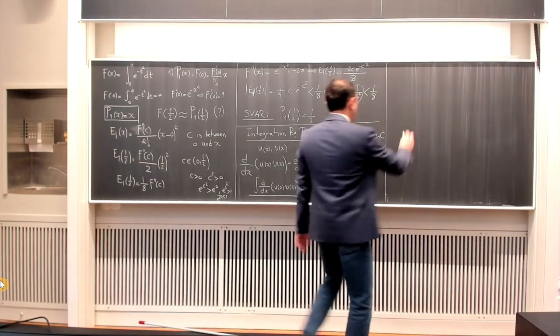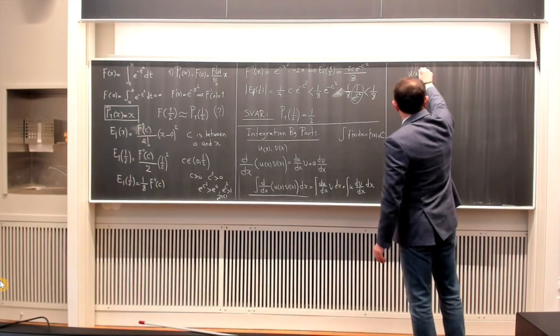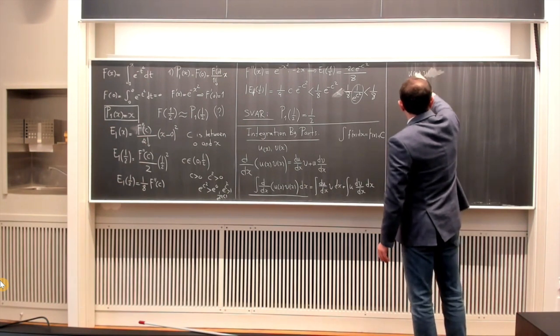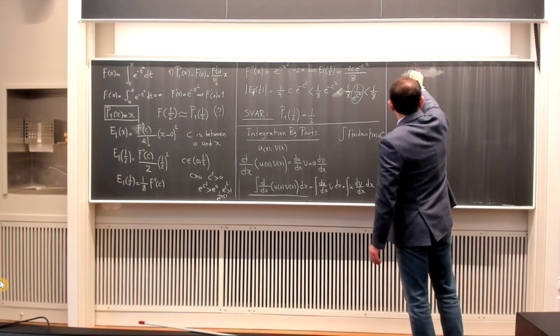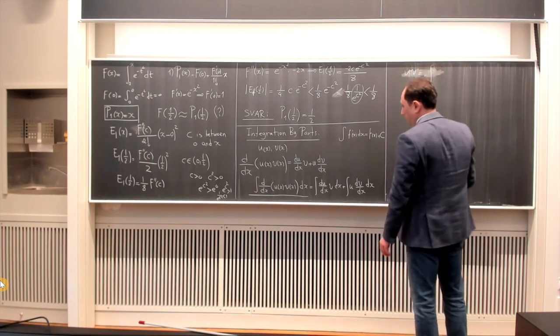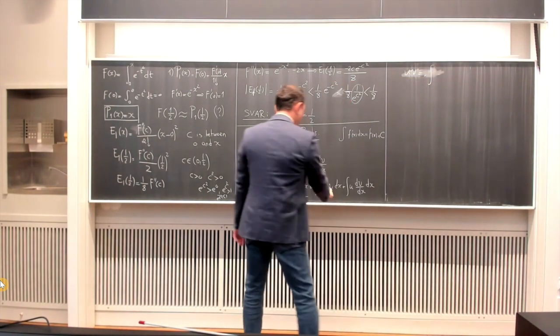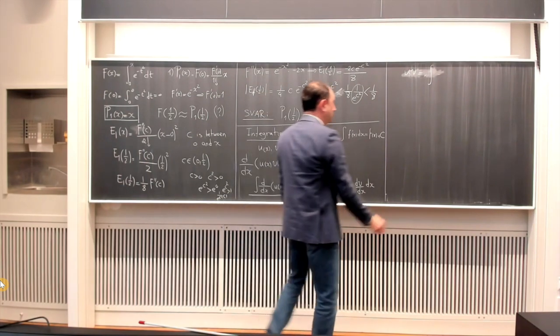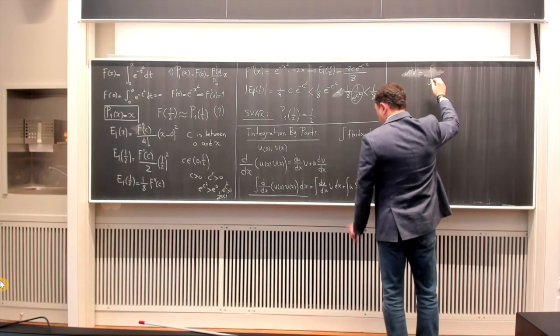So this becomes just what? uv is equal to the integral, let me just skip these x's. Here you can write v and u prime x dx. Let me write it in this way.